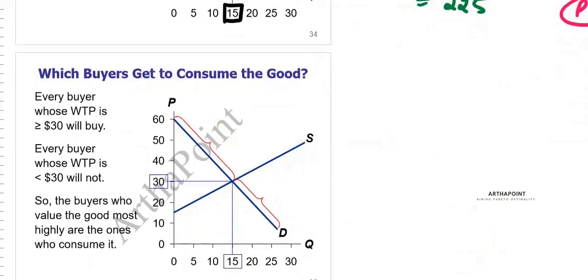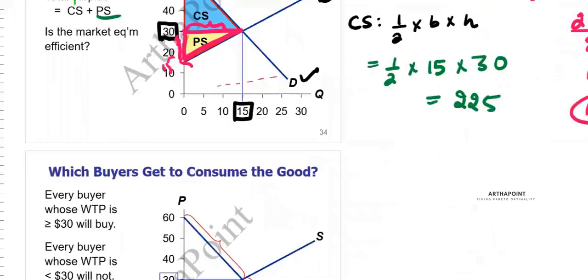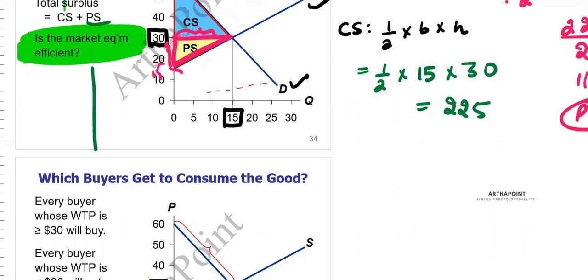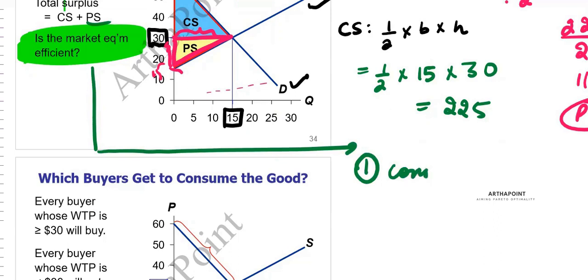Now the question is the following. Is this market equilibrium efficient? To check if the market equilibrium is efficient or not, we are asking two questions. First, are those consumers getting the product who value it the most?